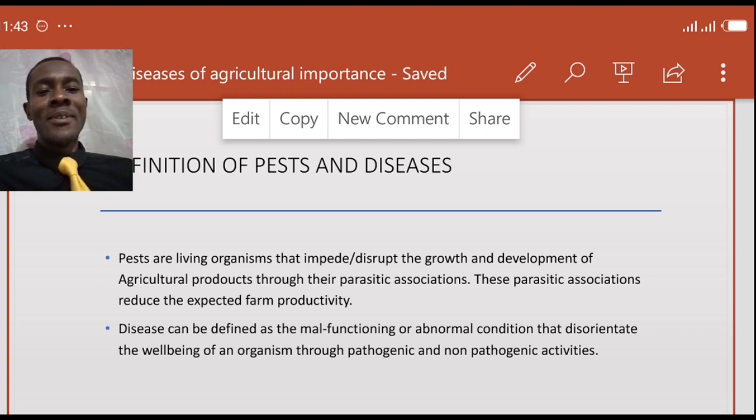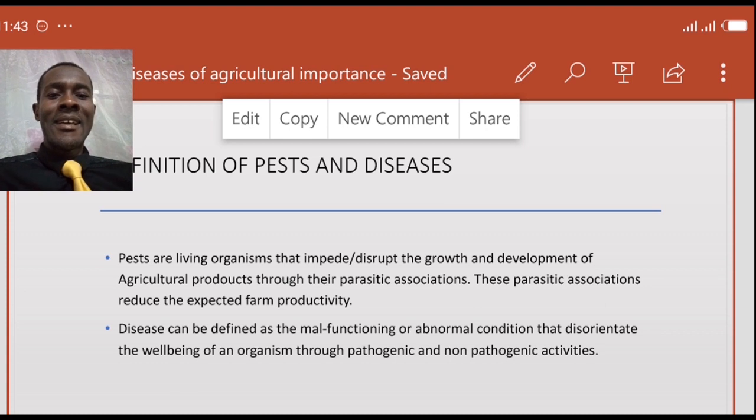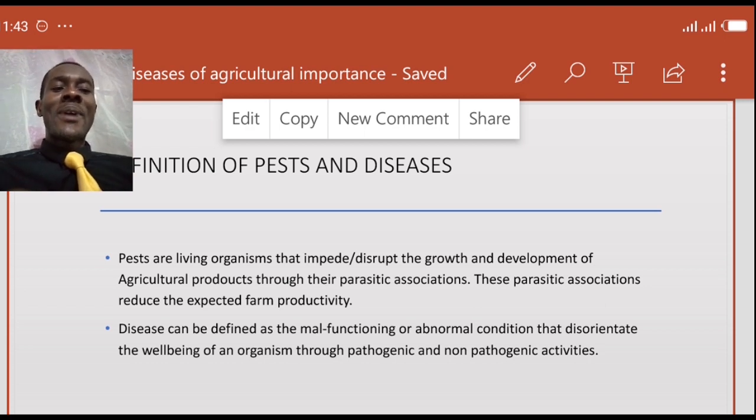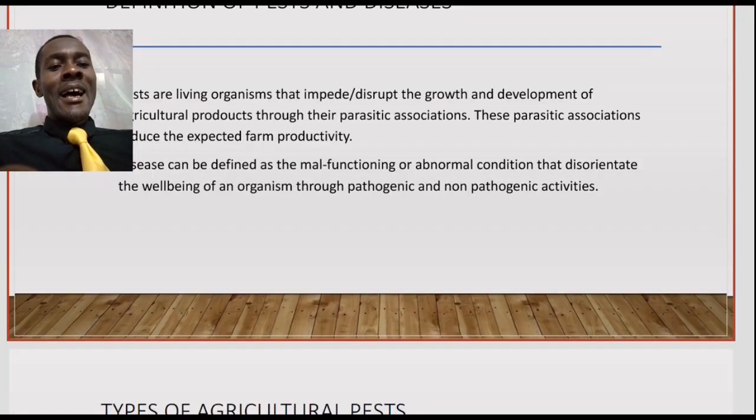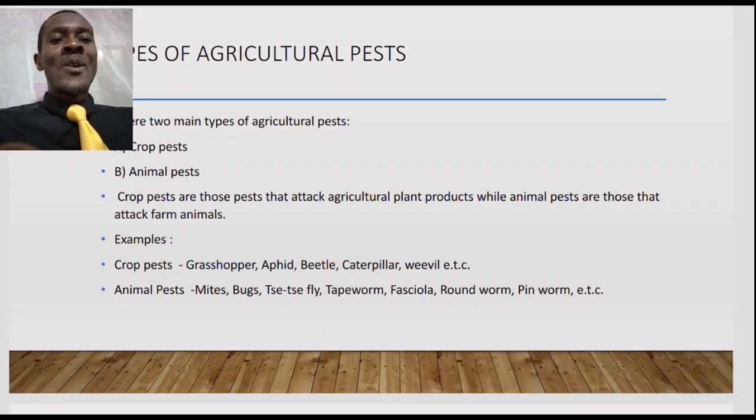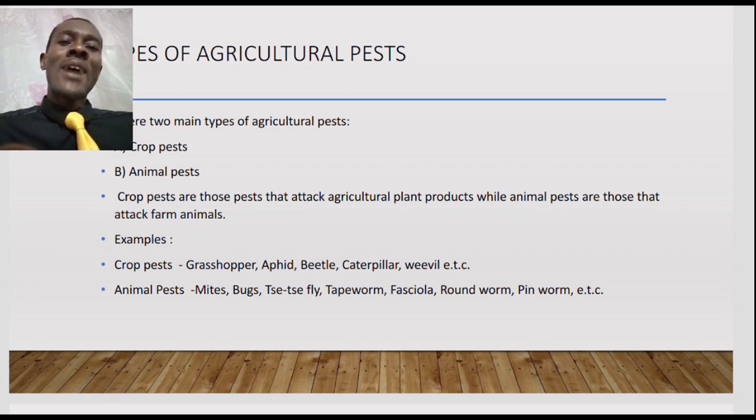So let me repeat the definition for pests as our guideline. Pests are living organisms that impede or disrupt the growth and development of agricultural products through their parasitic associations. These parasitic associations reduce the expected farm productivity. And so we are going to look at the different types of agricultural pests.